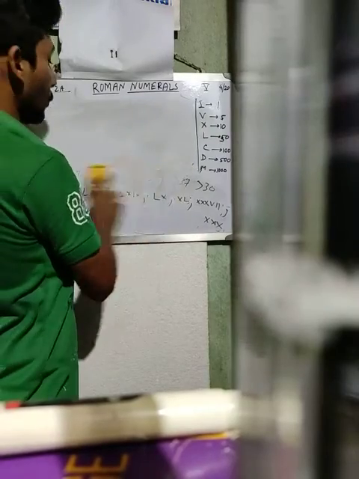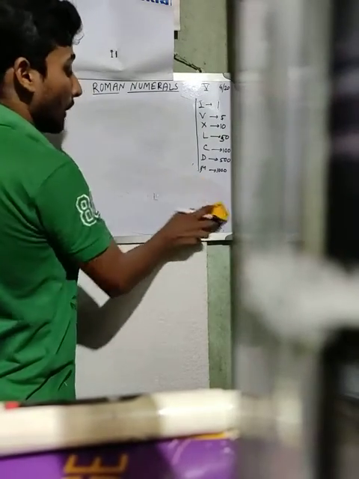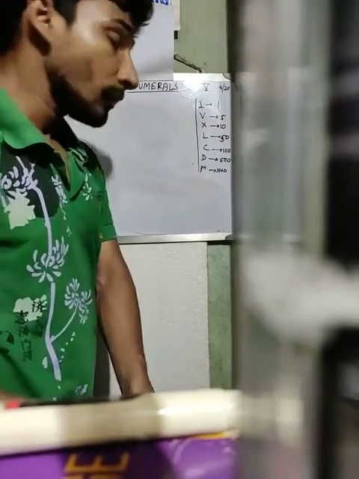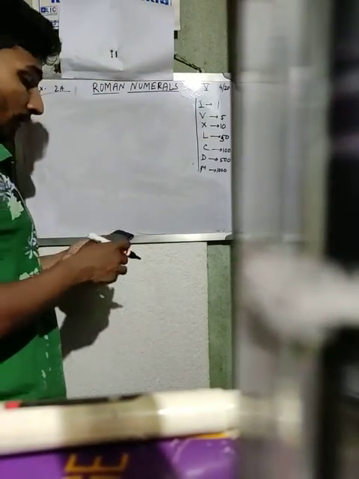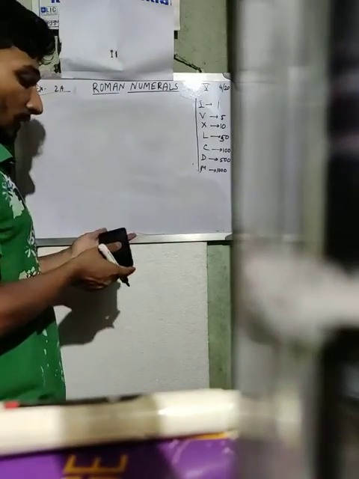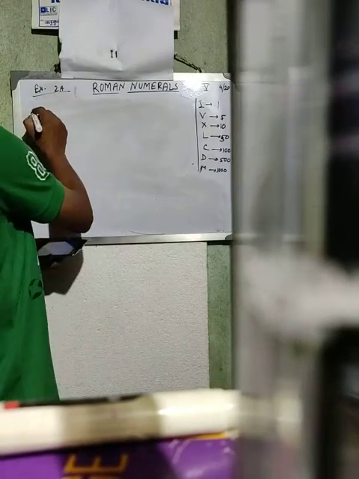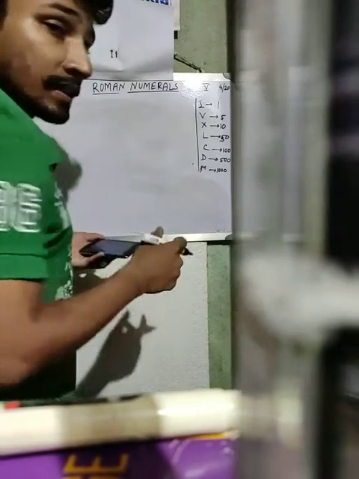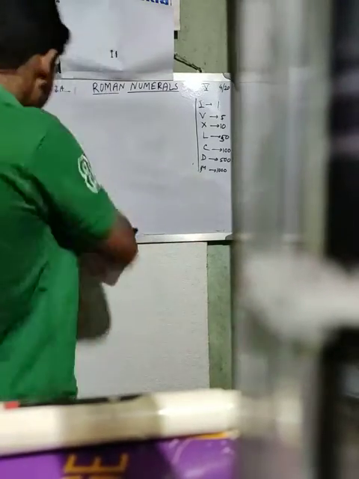Ascending order means from smaller number to the larger one, and descending order means larger to smaller. Next, number 6 has been done. Now number 7.